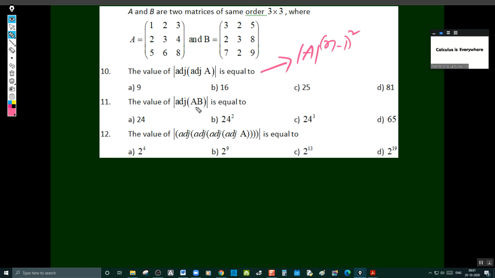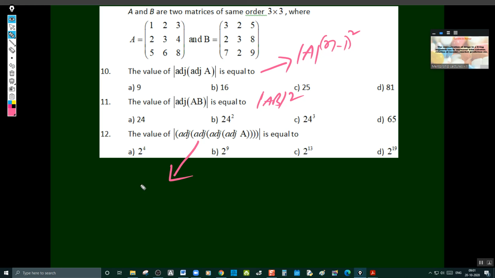Determinant of adjoint of AB means find out AB, multiply A and B, and then find out determinant of adjoint of AB. That means determinant of AB whole square, no? Yes, minus 1. And why I have taken this? Just for the last question purpose. The property से हो जाएगा. I have given you, raise property to n power, minus 1 raised to 4.